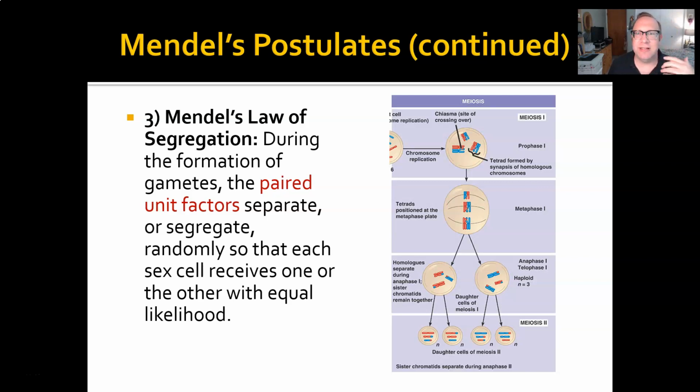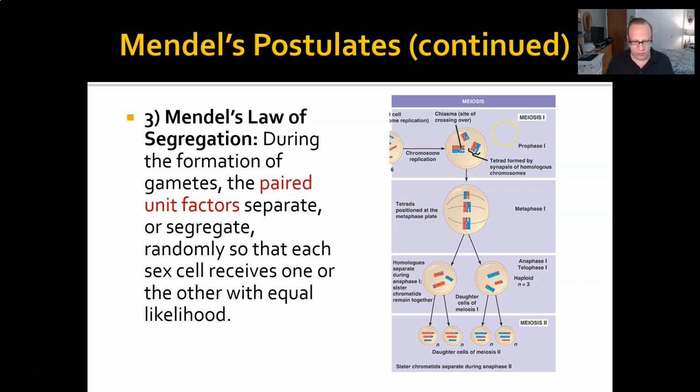Segregation here just means to separate things. So during the formation of gametes, the paired unit factors, right? So they come in pairs, just like chromosomes, separate or segregate randomly so that each sex cell receives one or the other with equal likelihood.